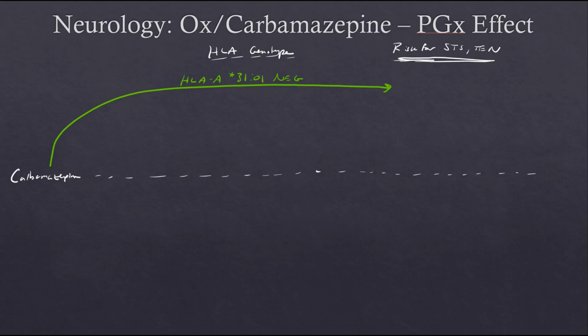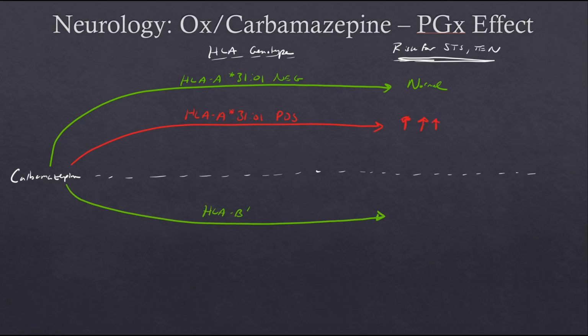However, if you're positive for HLA*3101, then you have an increased risk of Stevens-Johnson's or hypersensitivity reactions. Similarly, like we saw with phenytoin, if you are negative for HLA-B*1502, then you have a normal risk for the hypersensitivity reactions.